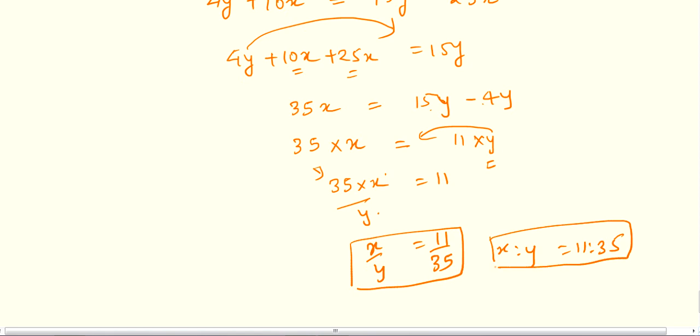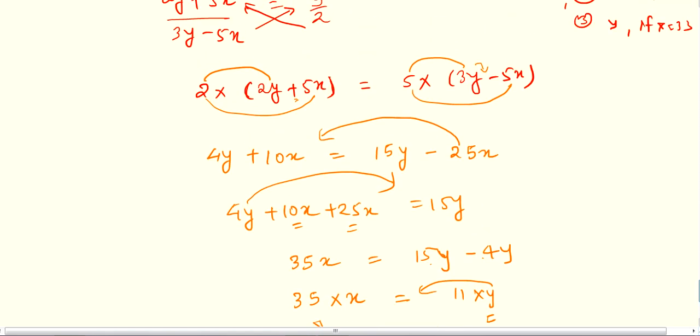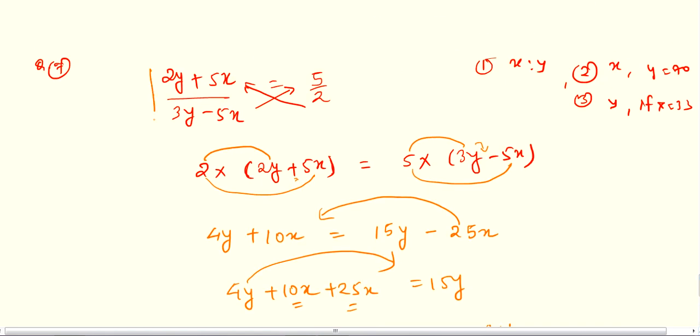Okay. How did we start this question? First we had this question given to us, and we performed cross multiplication here. After cross multiplication, simply 2 into 2y is 4y and 2 into 5x is 10x, then 5 into 3y is 15y, and 5 into 5x is 25x.